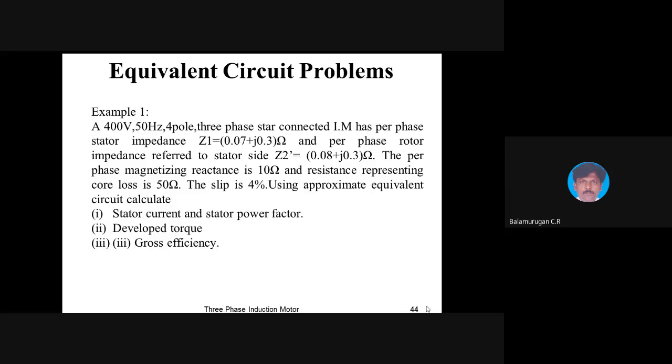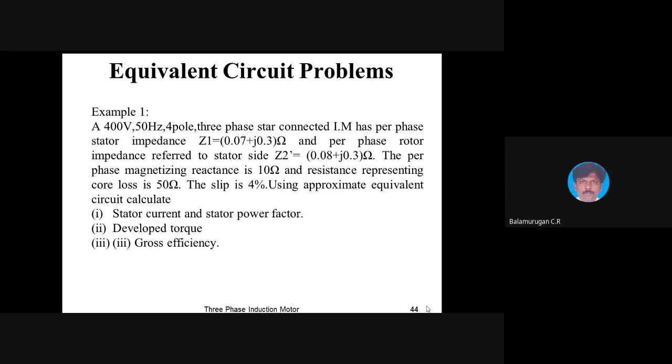So initially we convert this voltage by dividing 400 by root 3 to get the per phase voltage. And then RL dash, we have the formula.